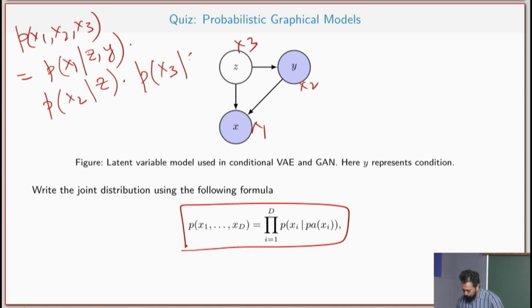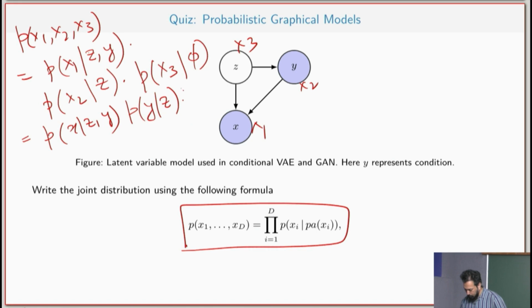So if we simplify, P of x1 was x given z, y, P of x2 was y given z, and P of x3 was z.